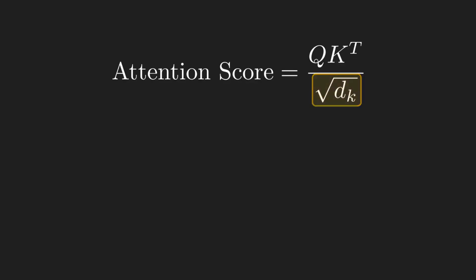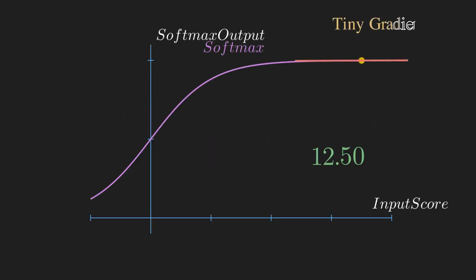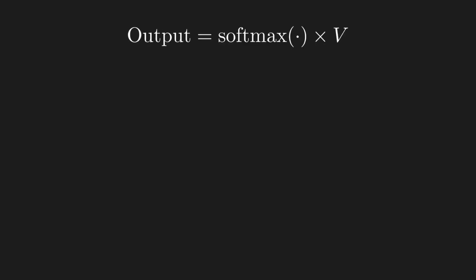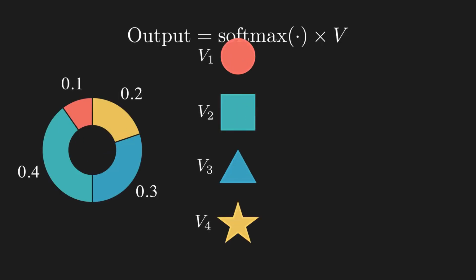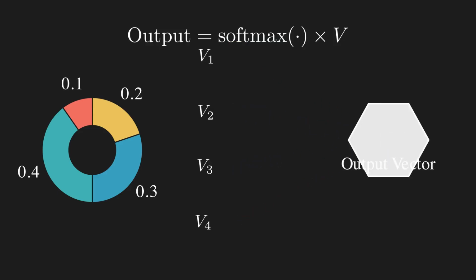For high-dimensional keys, the dot products can grow very large, pushing the softmax function into regions where its gradients are tiny, so this scaling factor keeps things stable. The softmax function turns these scores into probabilities or weights that sum to 1. The most relevant words get the highest weights. Finally, we multiply these weights by the value vectors to get our output, a representation of the query that pays attention to the relevant parts of the input.